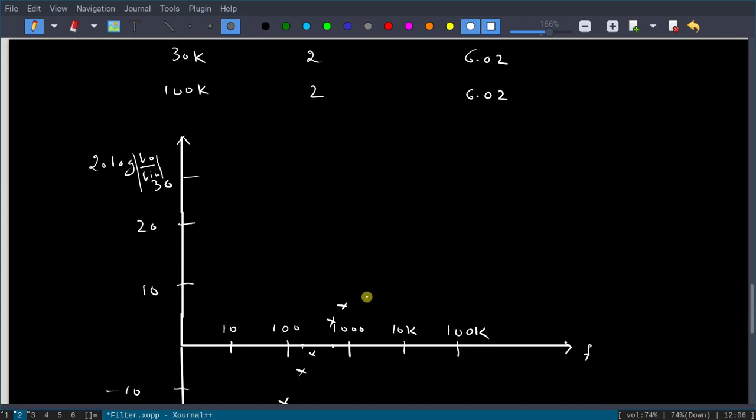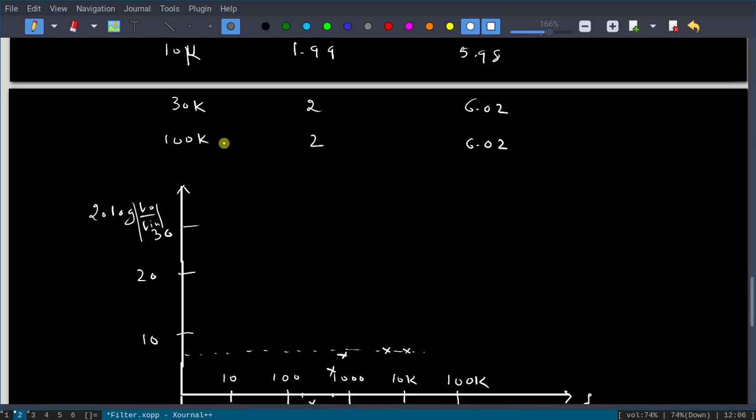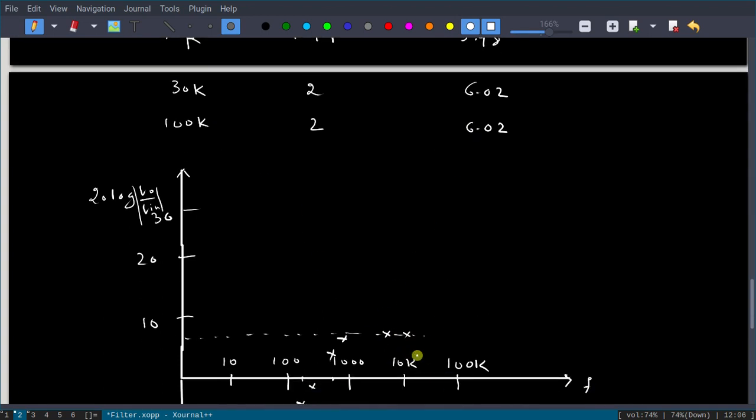At 7k it is this, and at 10k it is 5.98, almost this. And at 30k also 6.02, and at 100k also it is almost constant. So this is the graph you are going to get.